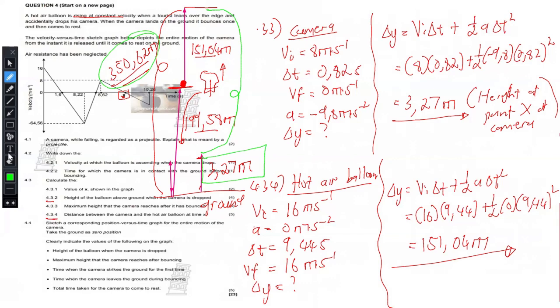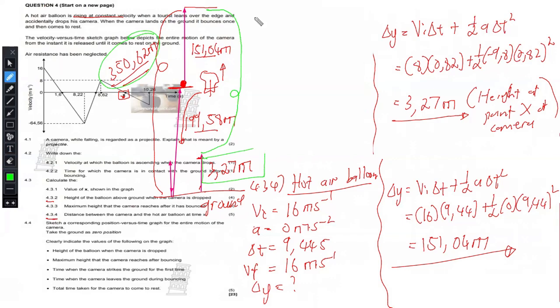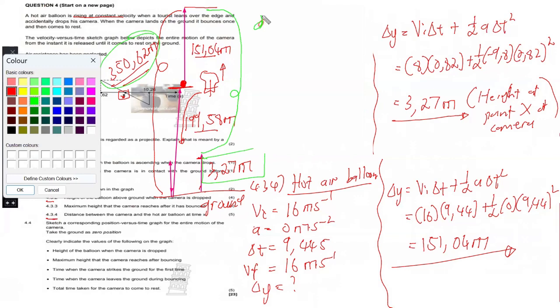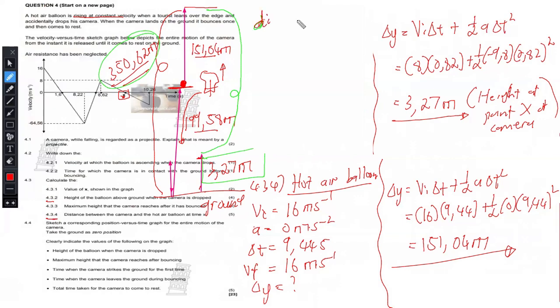So our conclusion here is that the distance apart between the camera and the hot air balloon will be 350.62 meters minus the 3.27 meters, which is going to give us what?